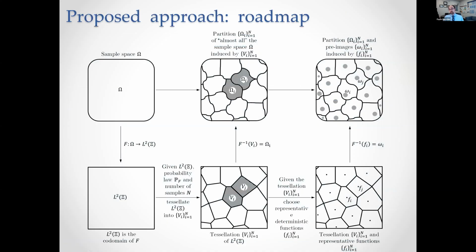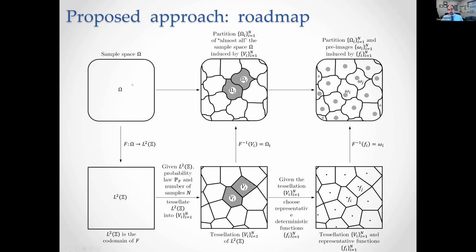The trick, I'm not going through all the details of the methodology, but the basic idea is that the methodology is entirely formulated in this space at the top that I represented with these squares with rounded corners. That is the sample space of all possible hazard events. This is a terrible space to deal with because we know very little about it. It's very abstract, and we can do very few operations up here.